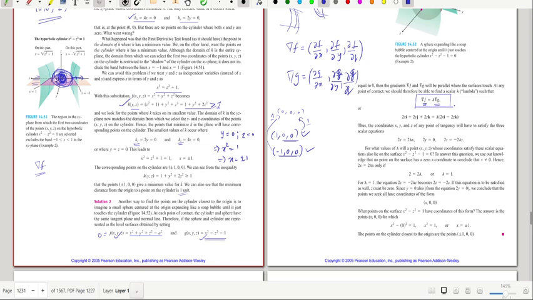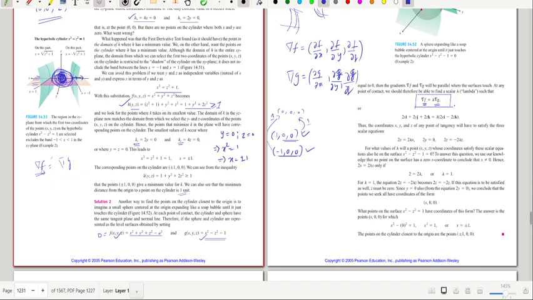So the idea is when you find the case at which this sphere touches this hyperbolic cylinder, the normal at the point of intersection of the sphere and the hyperbolic cylinder is in the same direction. That means del f and del g are in the same direction. Same direction means in one line.